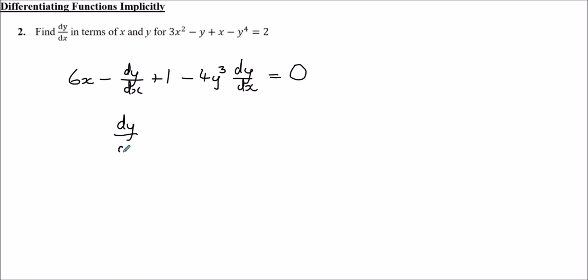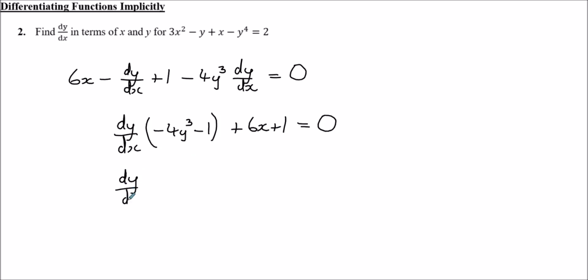So I have dy by dx, so I've got minus 4y cubed here. This is minus dy by dx, so again minus 1. And then I've still got a plus 6x and a plus 1, which equals 0.